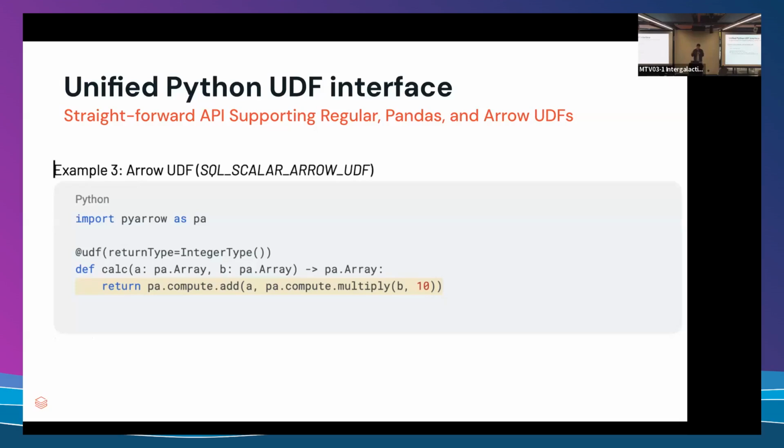So we want to unify all the Python interfaces into a single one, and do type inference to decide which Python UDF implementation is being used. Essentially, from Spark 4.1, we have the unified Python interface. You can use a UDF, and depending on the type, we can pick the right Python UDF runner.